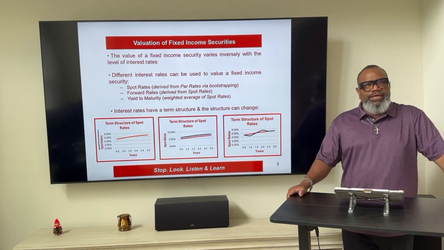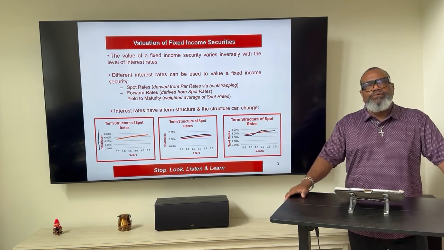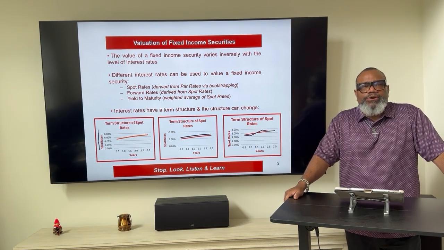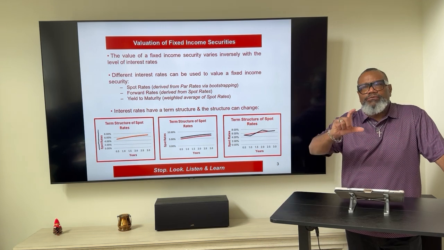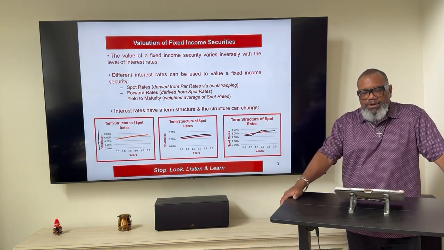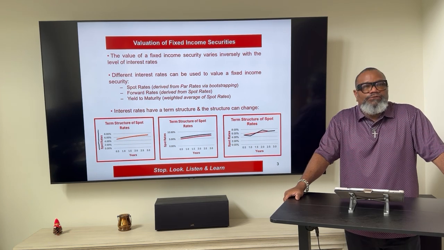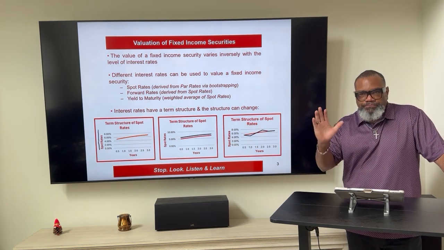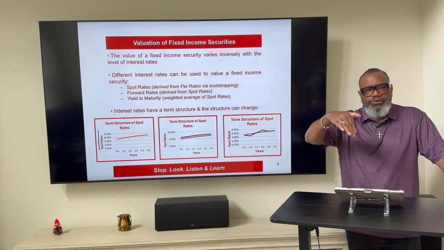But that's not always the case. In fact, very rarely will the interest rates change in a parallel fashion. Usually different rates along the curve will change by differing amounts. The chart on the far right shows you how the term structure can twist and turn.